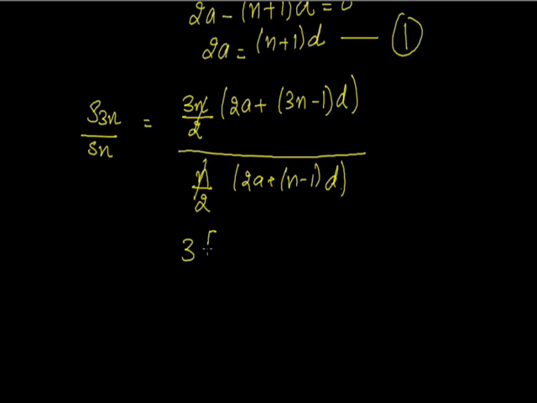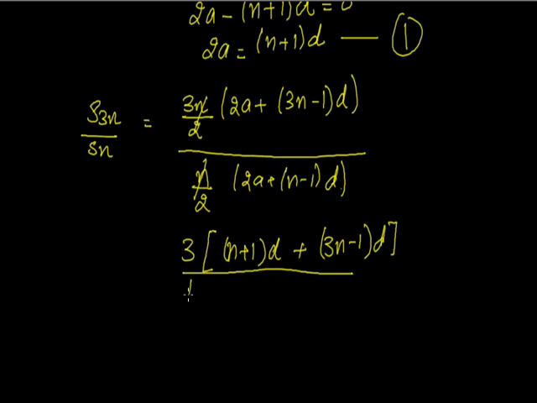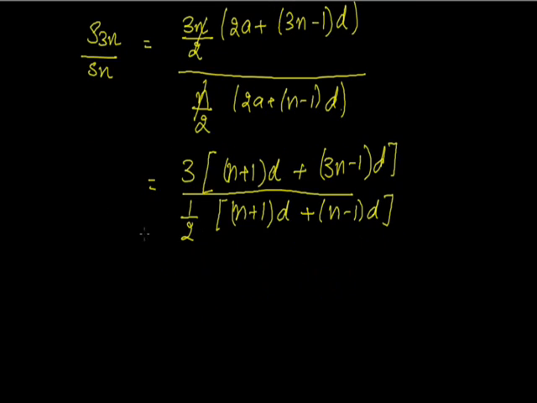In place of 2a we write n plus 1 into d, and here it is 3n minus 1 into d, whole divided by, in the denominator also we put the value of 2a, that is n plus 1 into d, and here it becomes n minus 1 into d. So let's solve this equation.